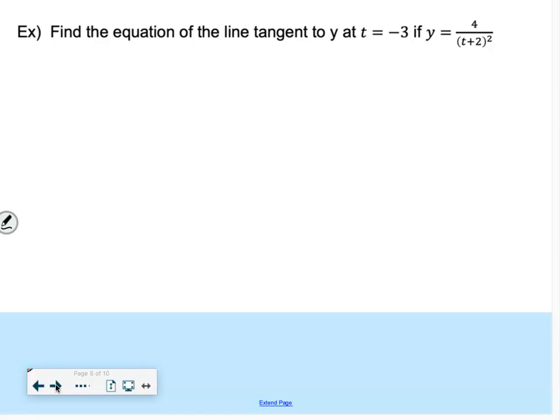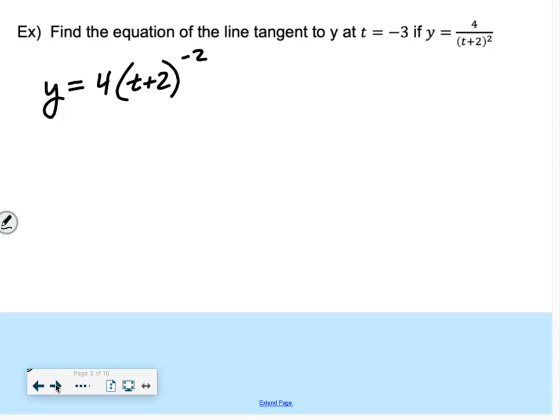All right, so I'm going to rewrite my y as 4 times (t plus 2) to the negative second. Now, some people would like to do quotient rule on this. I never do quotient rule when there's a constant in the numerator or the denominator. If there's no variables in the numerator or the denominator, power rule actually is a little bit easier. But if you have variables, both top and bottom, you're always going to want to do quotient rule.